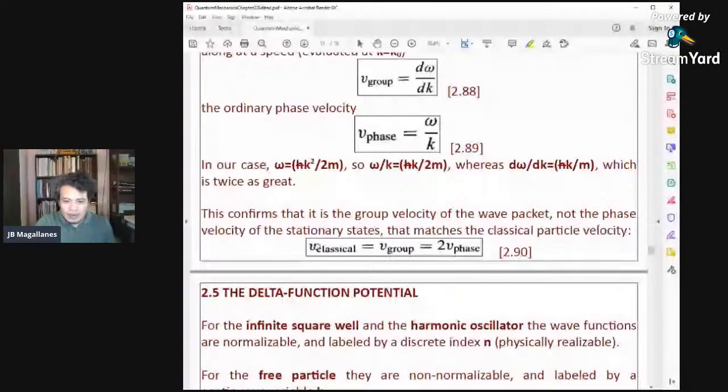The classical velocity is the same as the group velocity of the wave packet and twice the phase velocity.